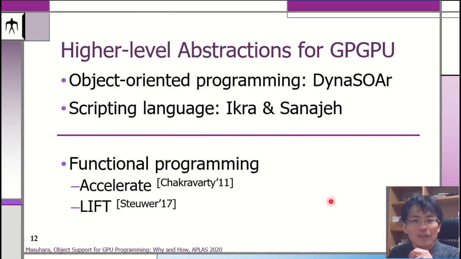So what we'd like to do is to introduce higher-level programming abstractions for GPU. In my case, those abstractions are object-oriented programming and a taste of scripting language. So we are developing 3 domain-specific languages called Dinosaur, Ikra, and Sanajay.